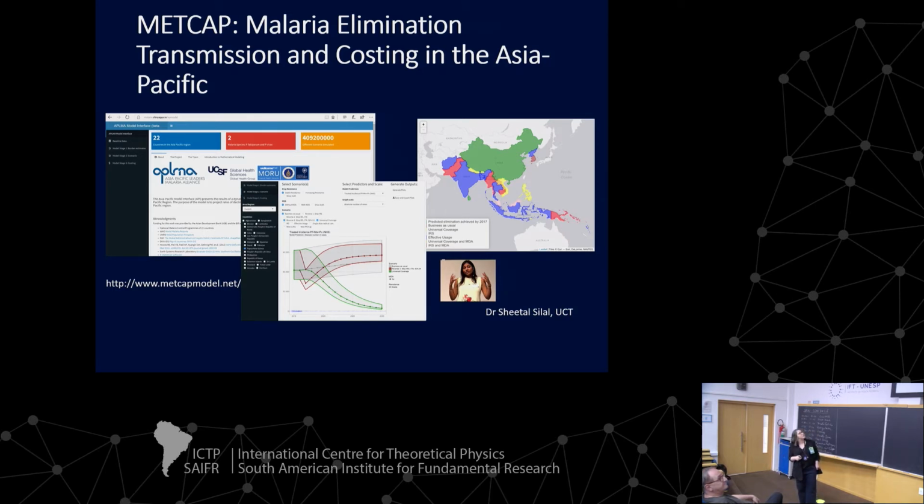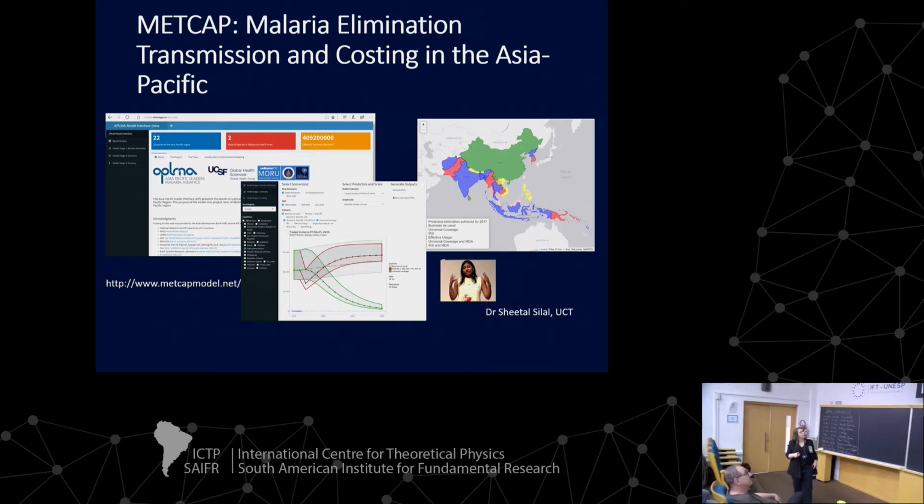This is an example of a very broad-stroke policy-making approach. We had 1 year to use mathematical and economic modelling to propose strategies for eliminating malaria in the entire Asia-Pacific region. That's 22 countries.